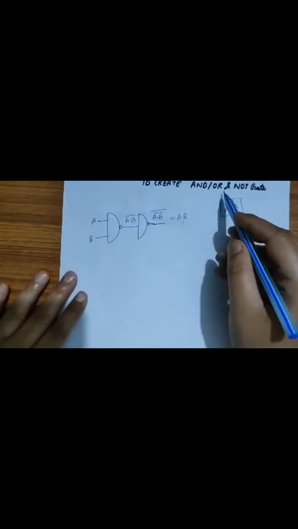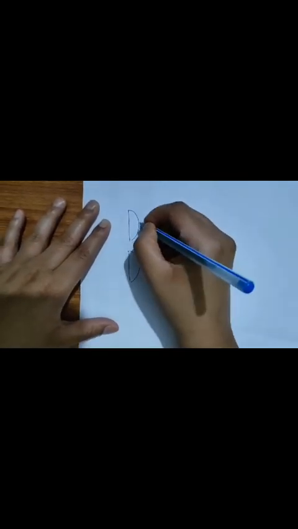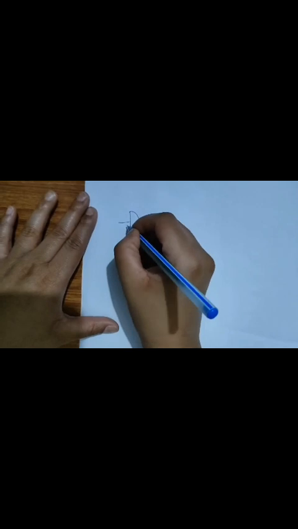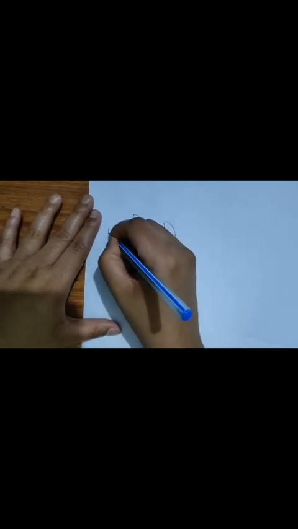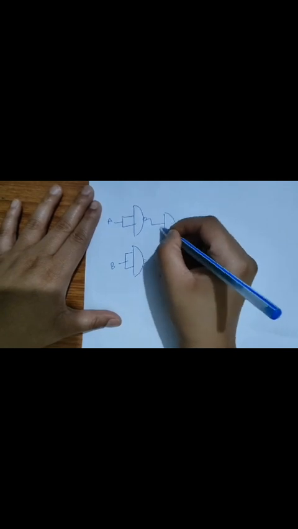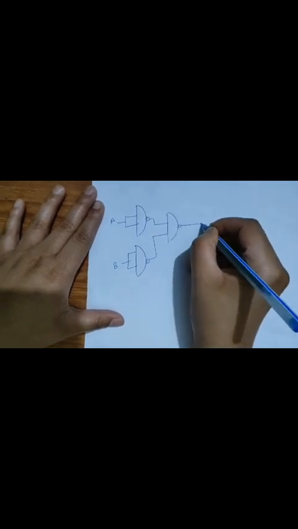Further, for making OR gate, this will be the circuit. Here it will be A bar, here it will be B bar, and here it will be A bar dot B bar, and again bar.